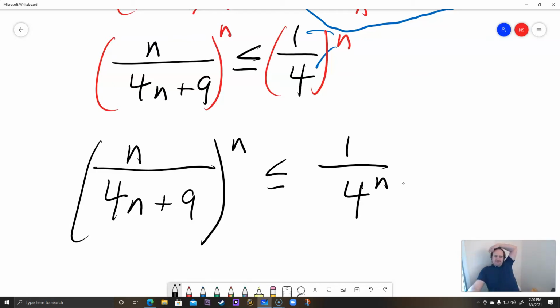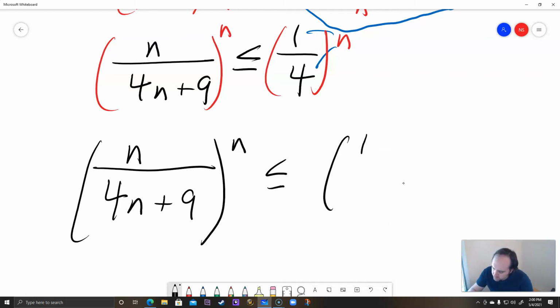Or actually, since that is not going to be a p-series, why don't we just leave it as 1/4 to the n? That one's going to end up being a geometric series, so there's no point in distributing the n to the numerator and the denominator's exponents. Okay, so then what do we do from here?